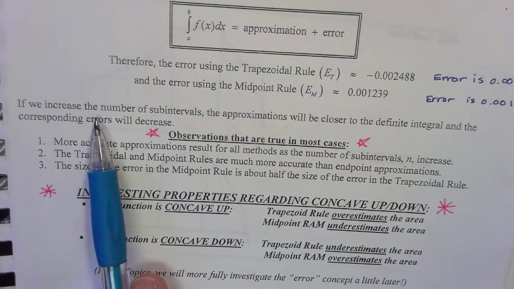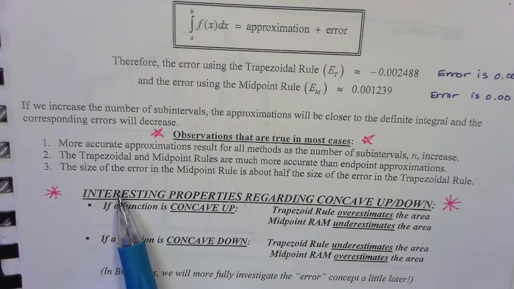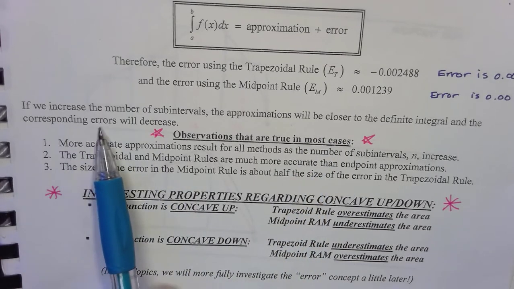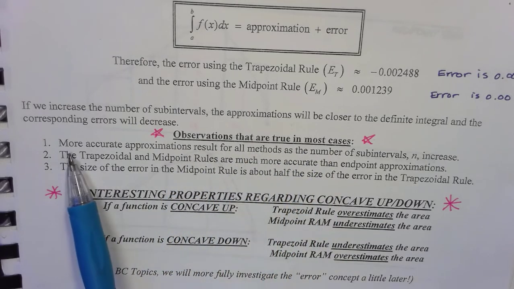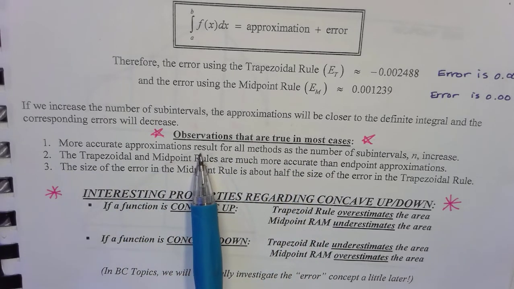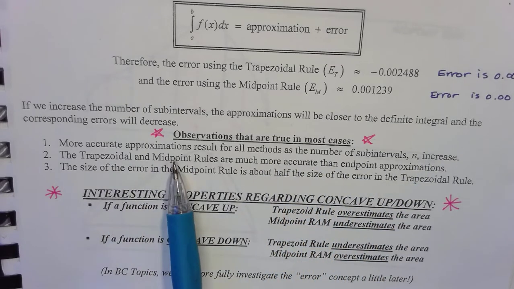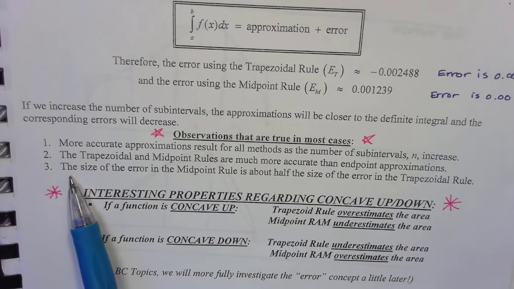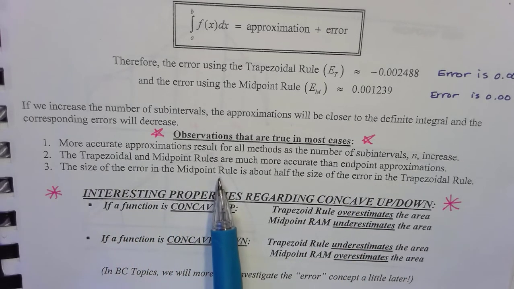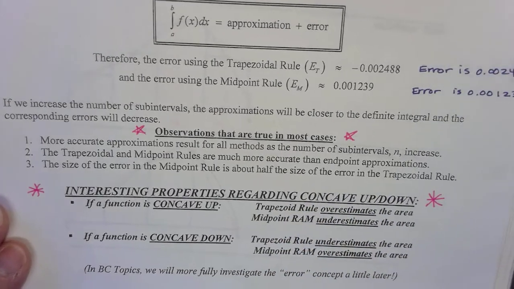So if we increase the number of subintervals, our approximations are going to be closer to the definite integral, and our corresponding errors will decrease. Observations that are true in most cases: more accurate approximations result for all methods as the number of subintervals increase. Trapezoidal and midpoint rules are much more accurate than endpoint approximations. The size of the error in the midpoint rule is about half the size of the error in the trapezoidal rule. Look at that.